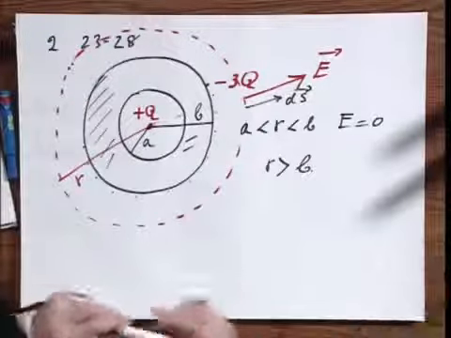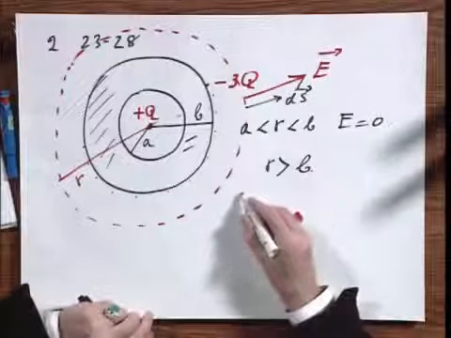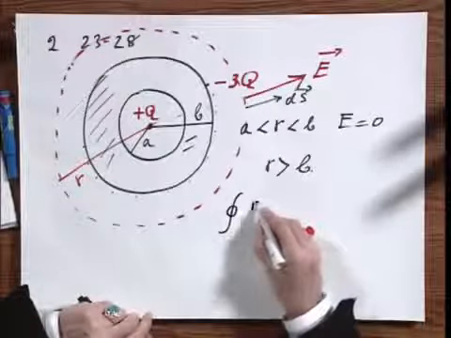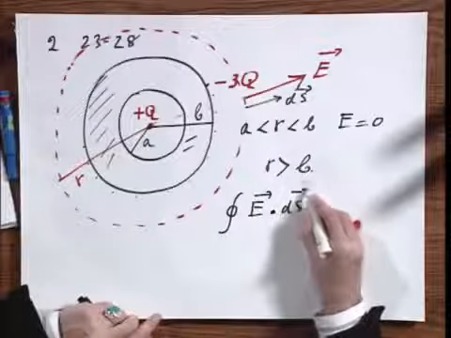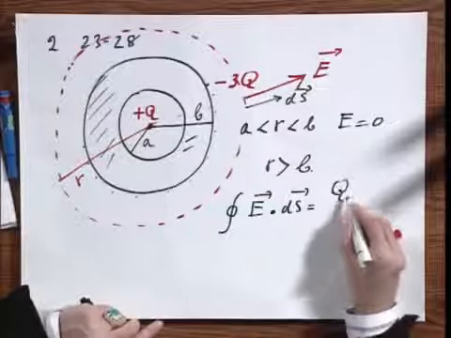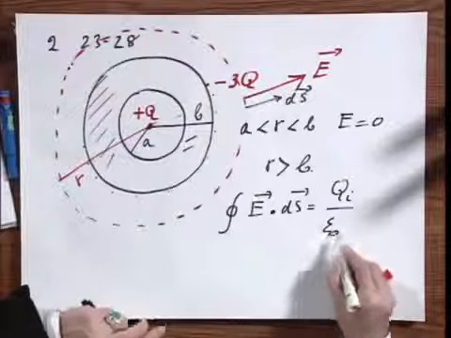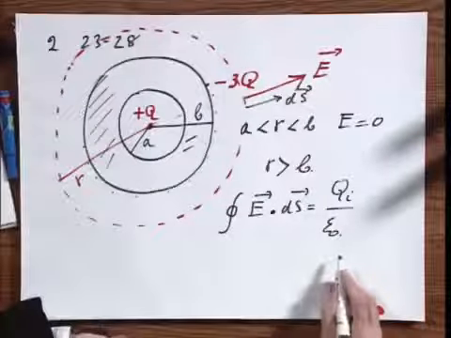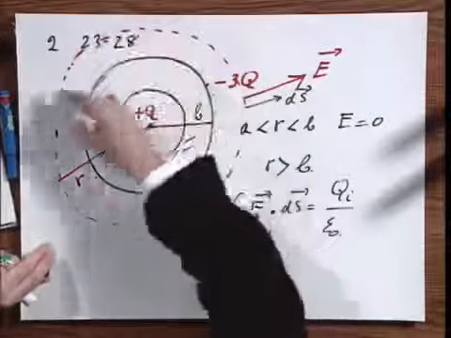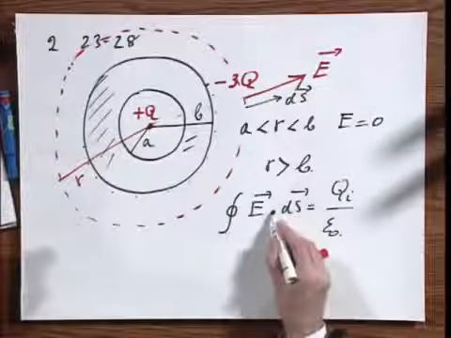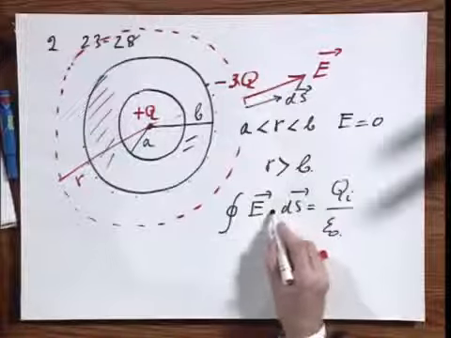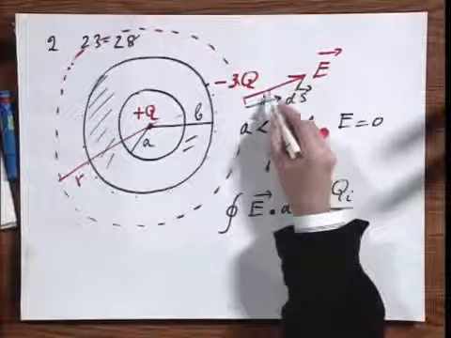So what is Gauss's law telling us now? The closed surface integral of E dot ds is the total charge inside the sphere divided by epsilon 0. Well, E is everywhere the same in terms of magnitude on this sphere, and so the dot product we will take plus 1, because we will make the assumption that they are in the same direction.